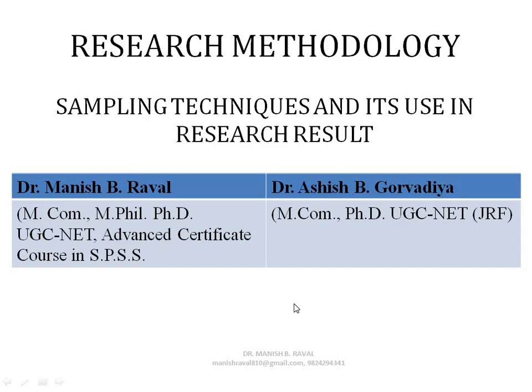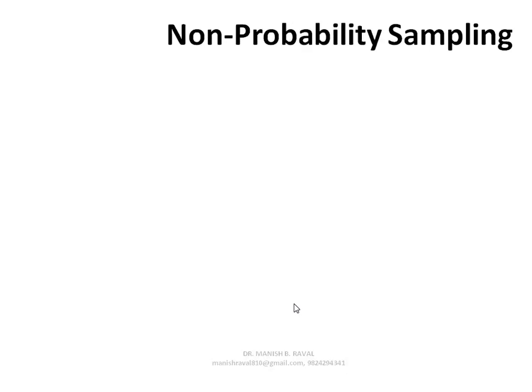Now in the second half of this particular session we are going to learn the different sampling methods covered under non-probability sampling. In the first half we covered the methods of probability sampling. Now in the second half we are covering non-probability sampling. Let us learn what we mean by non-probability sampling.